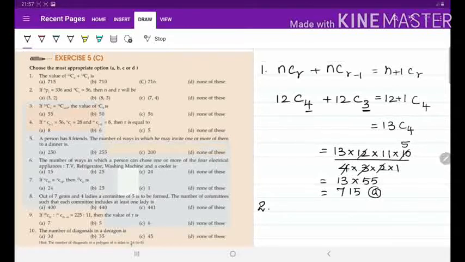Let's discuss the second question. If nPr is equal to 336 and nCr is equal to 56, then n and r will be. Here again we have a standard formula that nPr by nCr is equal to r factorial.